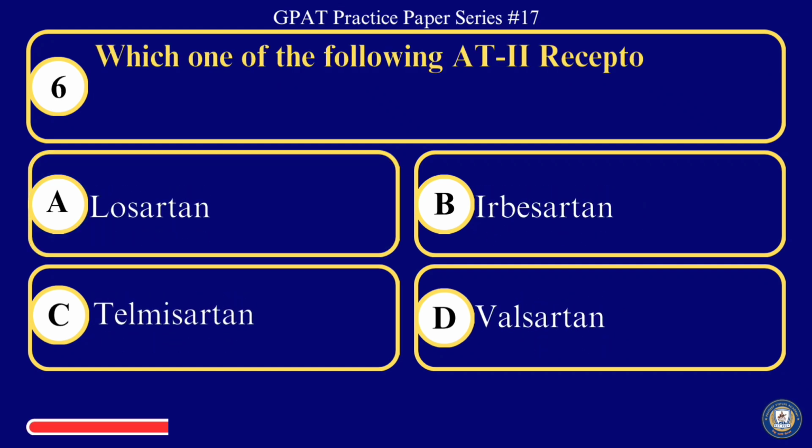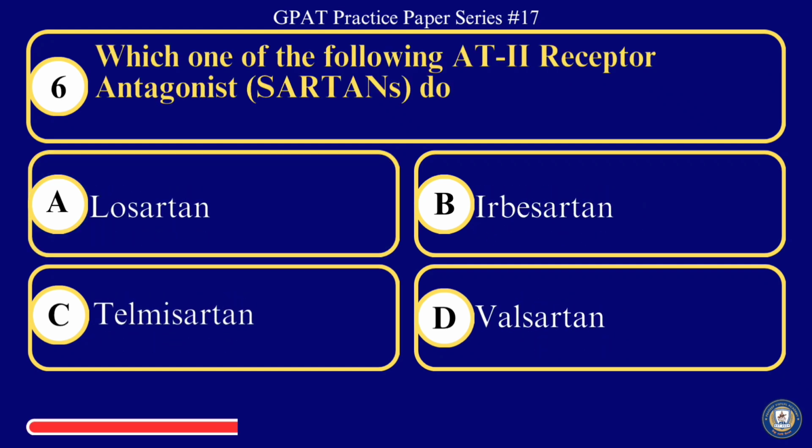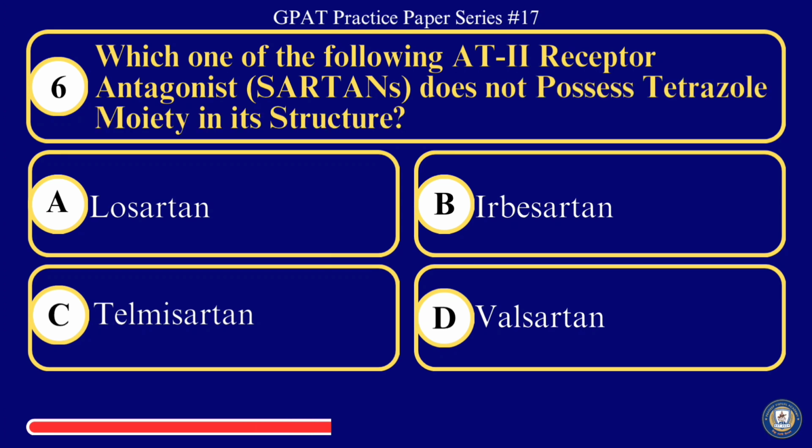Question number 6. Which one of the following AT2 receptor antagonists, sartans, does not possess tetrazole moiety in the structure?